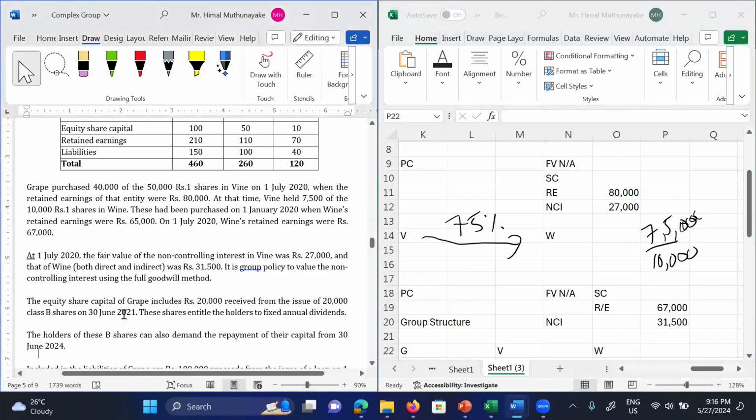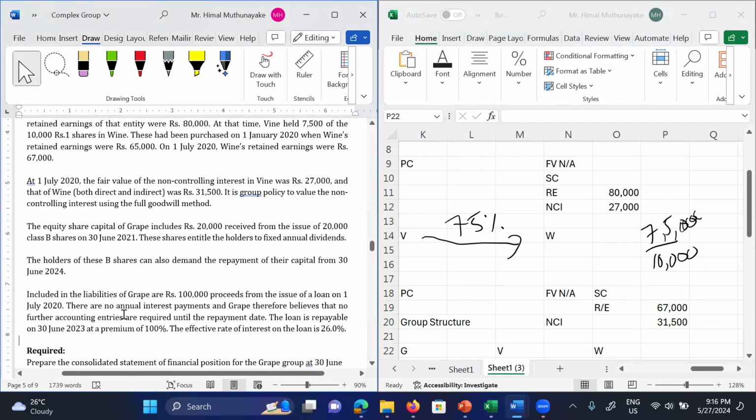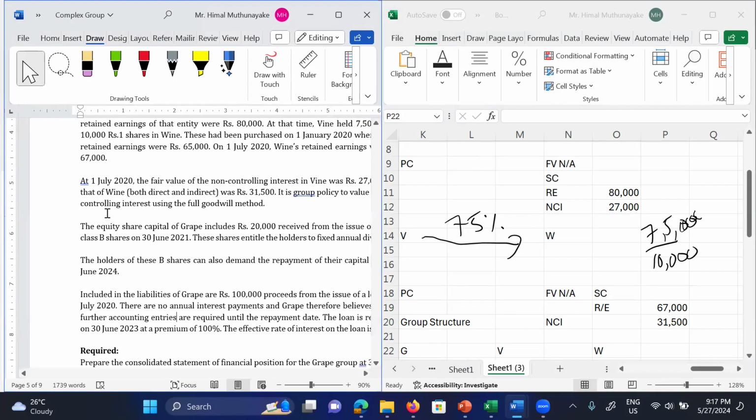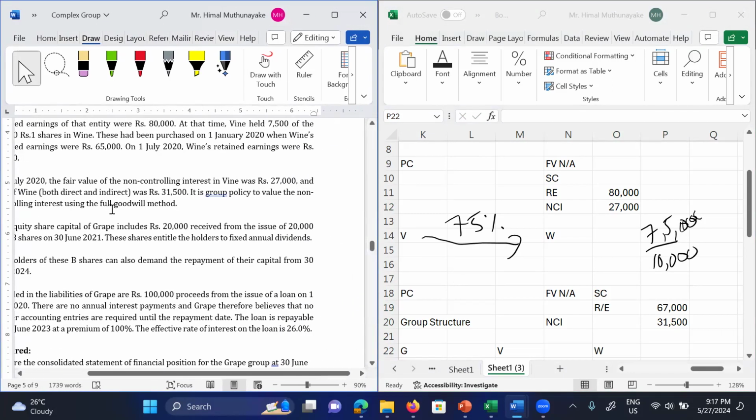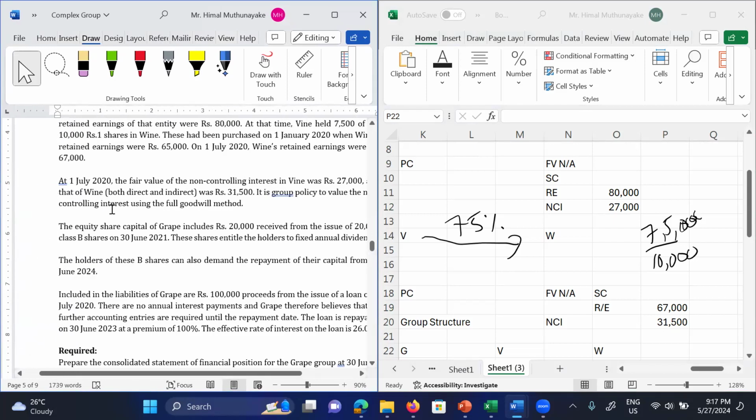Paragraphs 3, 4, and 5, these three paragraphs I will come back to later, because they are not actually for the consolidation purpose. They come with other standards which we have discussed, SLFRS 9 and others. So from this point onwards, the consolidation information has ended.